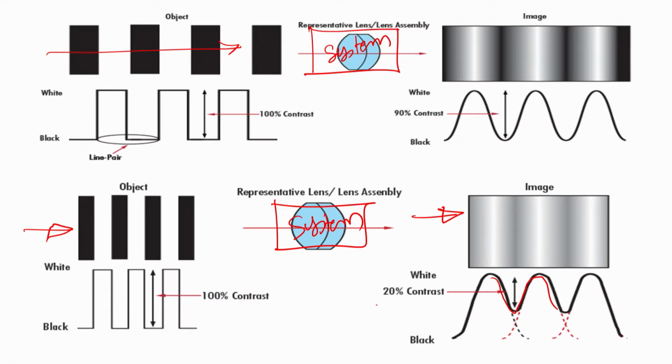You can see that the output image has lesser contrast. Let us say in this case it is 20% of the contrast. So, now this resolution we will define in terms of the modulation.